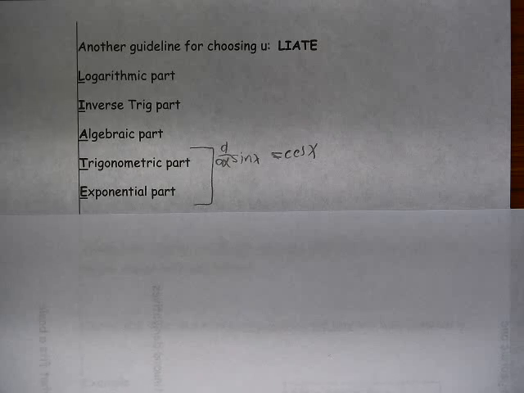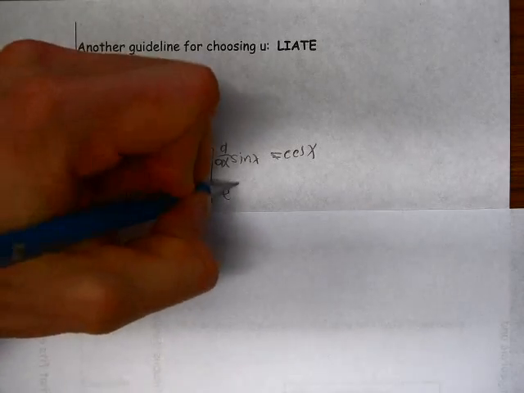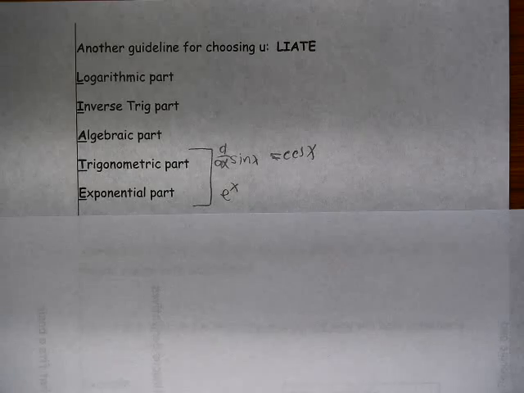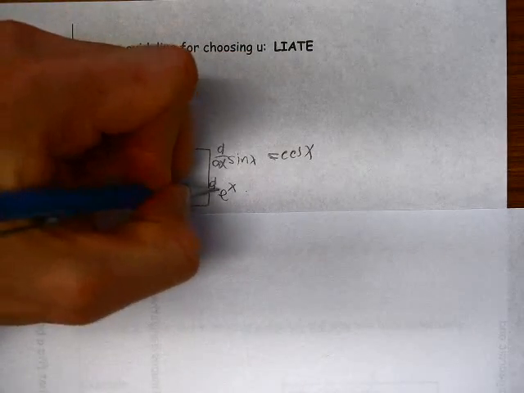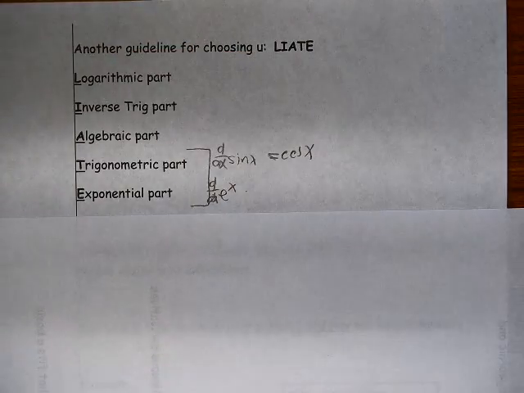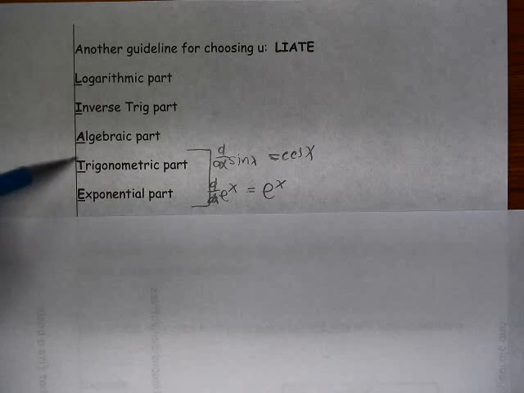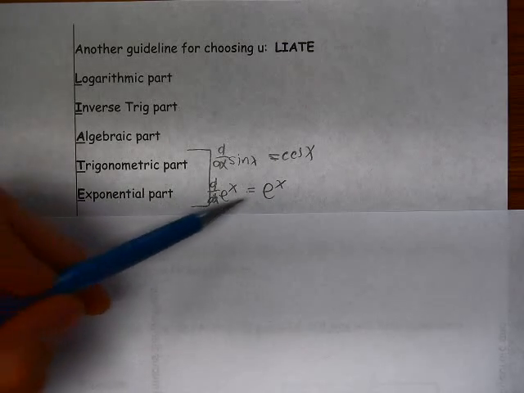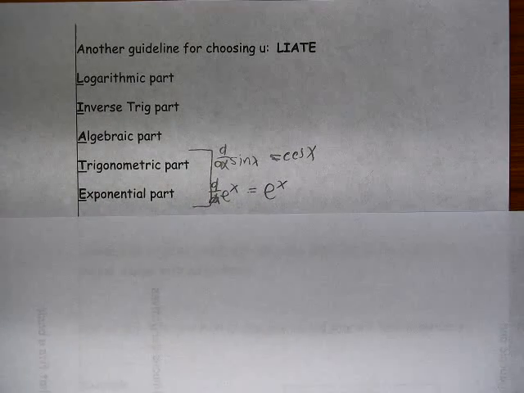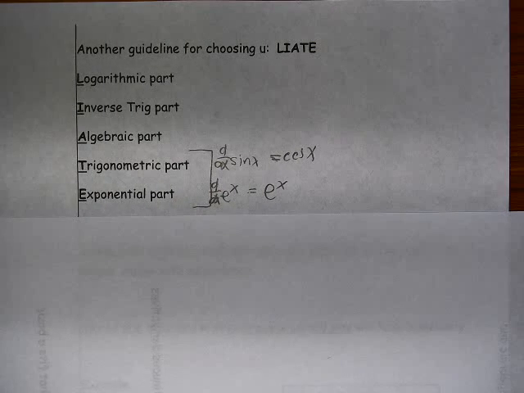If I let u equal an exponential function of some sort, and I take the derivative, well, the derivative of e to the x is just e to the x. That's not any simpler at all than it used to be. So these are our last choices for u, to a large degree because when we take the derivative, it doesn't simplify things for us a whole lot.